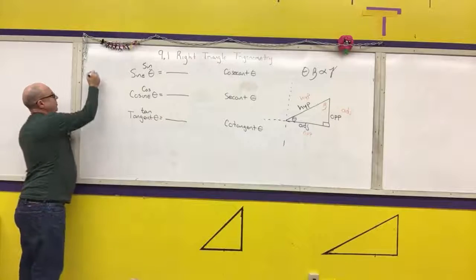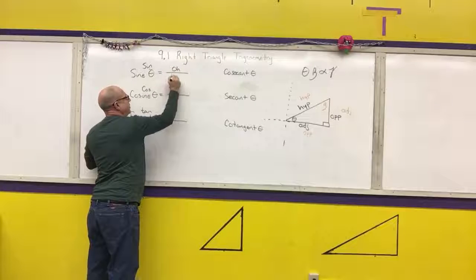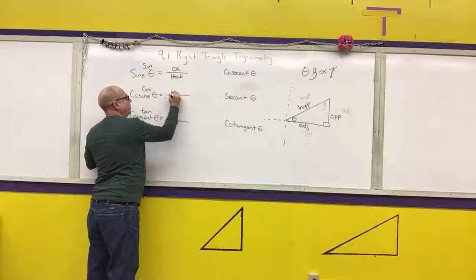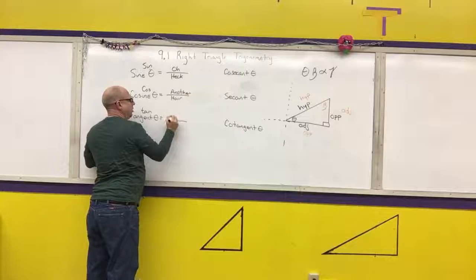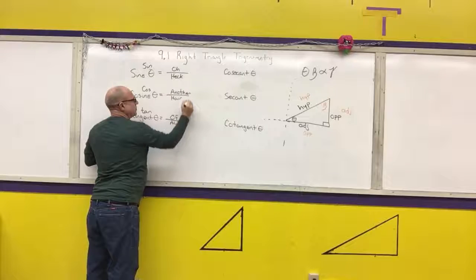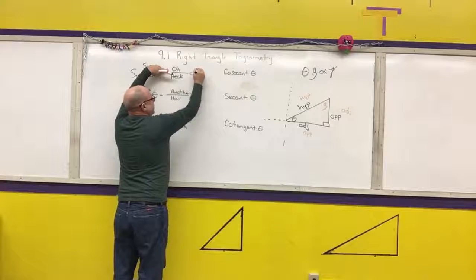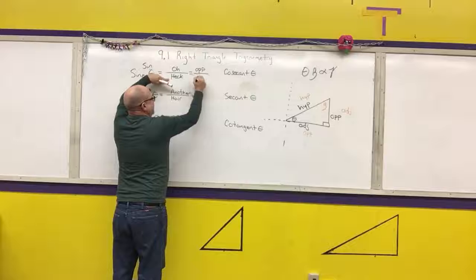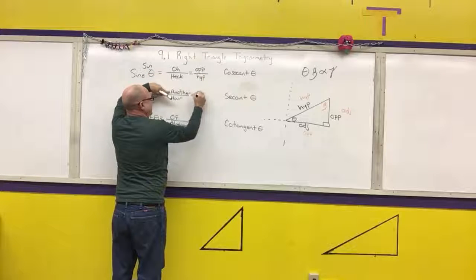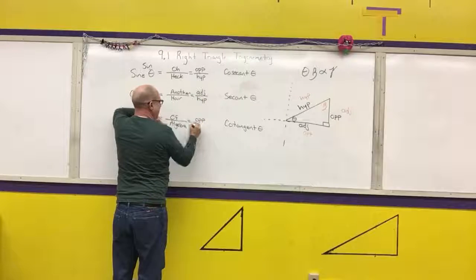And the way I remember them is O heck, another hour of algebra. So O means the opposite side. H is hypotenuse. A is adjacent. H is hypotenuse. O is opposite. And A is adjacent.